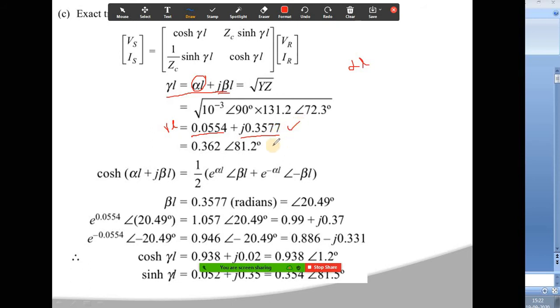If you express this in polar form, you will get gamma L as 0.362 at an angle of 81.2 degrees.